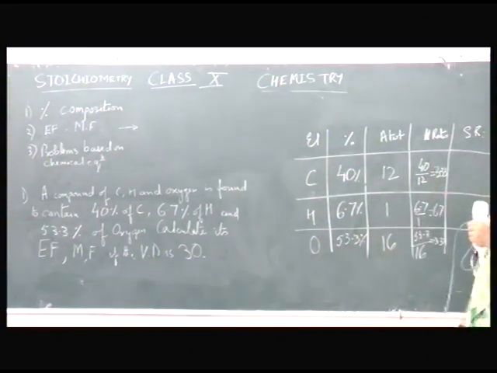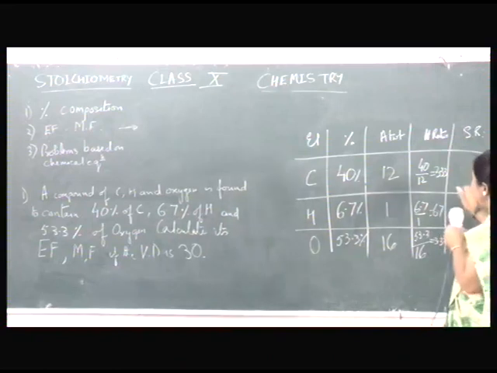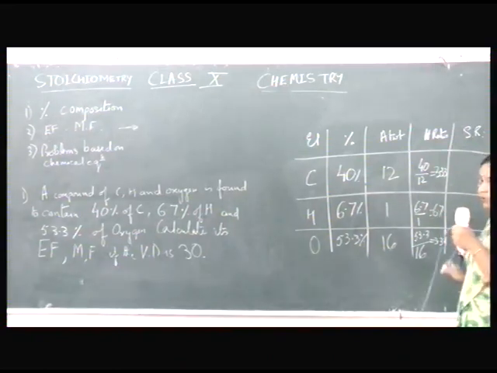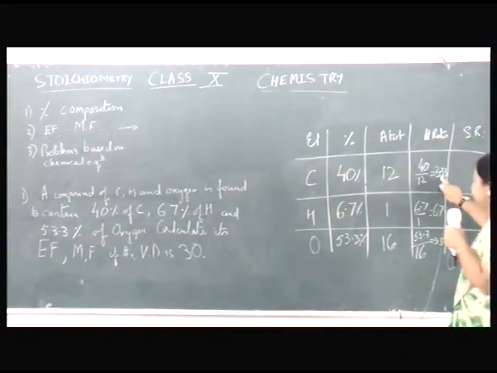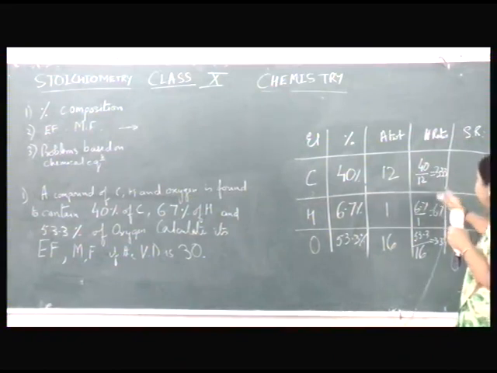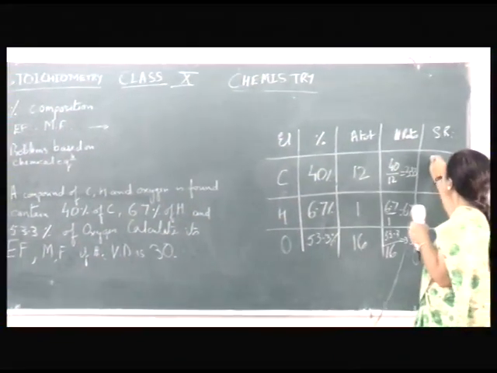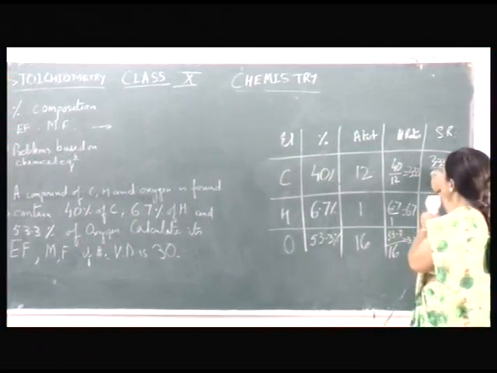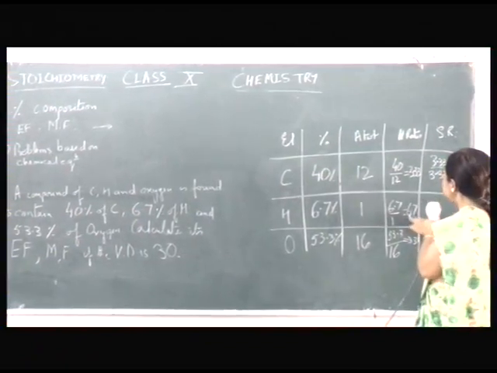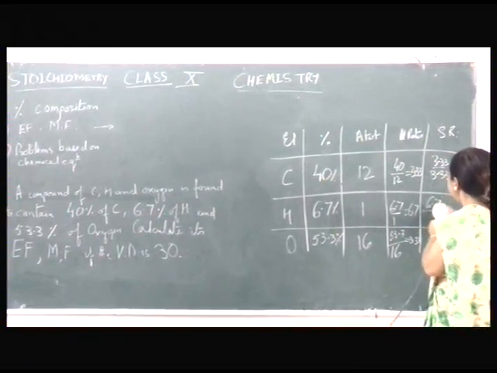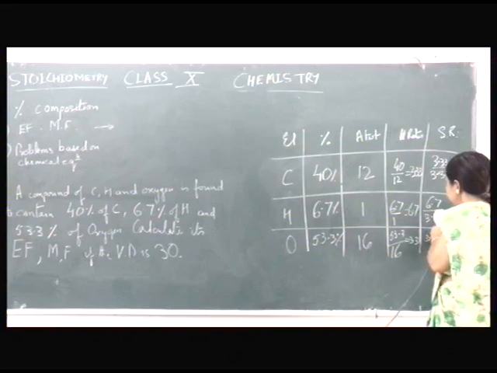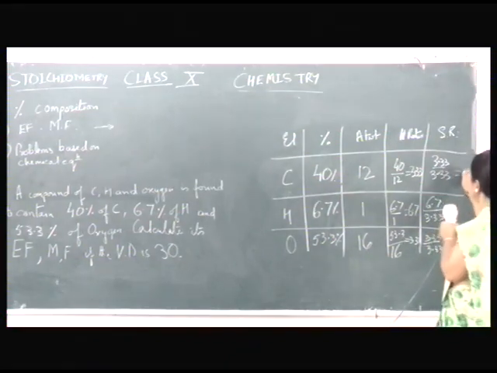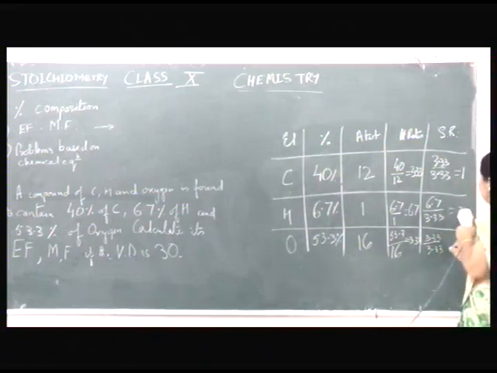Now to find the simplest ratio, you have to select the minimum of these quantities. 3.33, we divide all by 3.33. Means 3.33 divided by 3.33, 6.7 divided by 3.33, and 3.33 again divided by 3.33. This is equal to 1, this is approximately 2, and this is equal to 1.